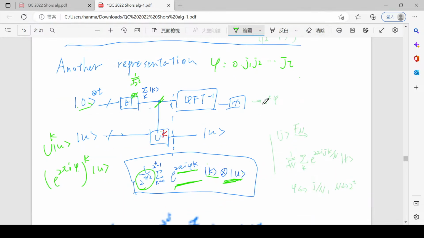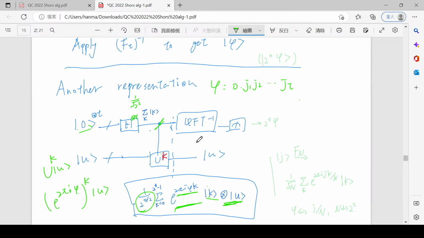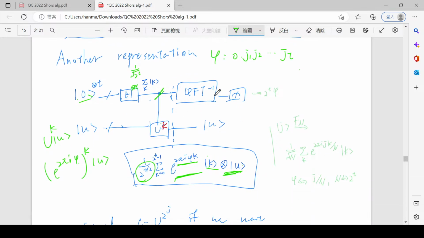And now let's see what happens when we do the Fourier transform. What we had before, when it was only 1 bit, was a Hadamard here. That Hadamard is actually the quantum Fourier transform of 1 bit, and we'll replace that Hadamard with the inverse quantum Fourier transform of t bits. And why can we do that?